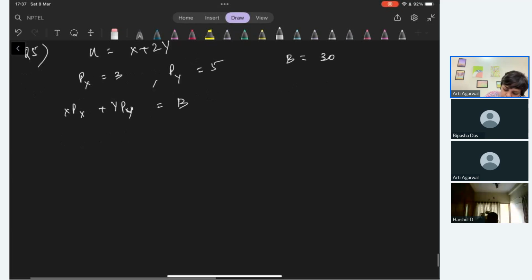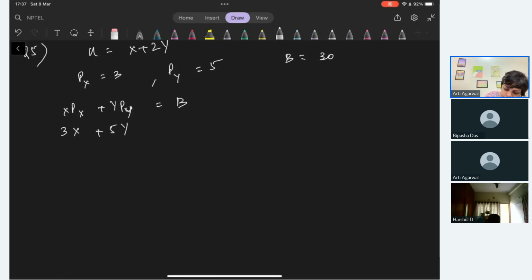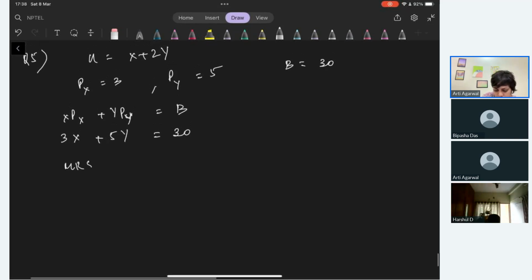Okay, so this is 3x plus 5y is equal to 30. Let's compute the MRS, which is equal to UX over UY. MRT is PX by PY.